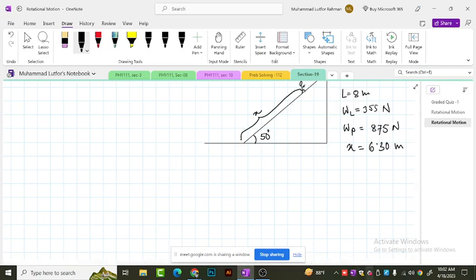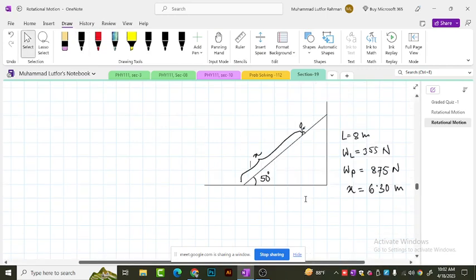All right, so they asked me to calculate the forces acting on this ladder by the ground. How many forces are acting on this ladder provided by the ground? I have to calculate that part.